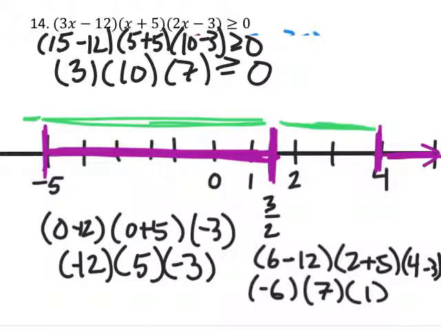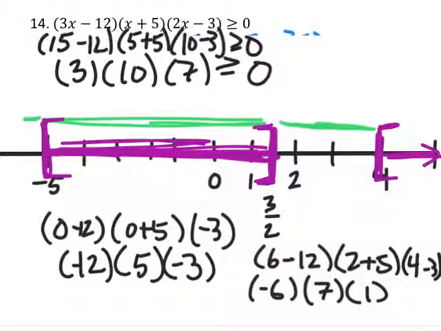Now, when we solve for those values, we know that the -5, the 3/2, and the 4 will work. So these are all going to be square brackets right here, all right? And since it's either the stuff in here or also the stuff to the right of 4, we'll need a union symbol to write this.